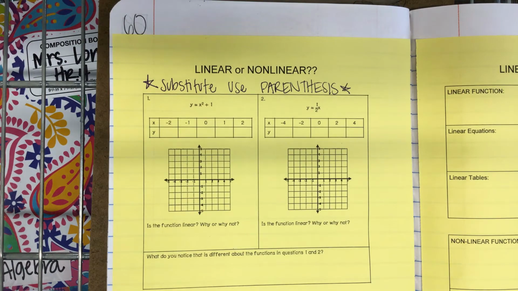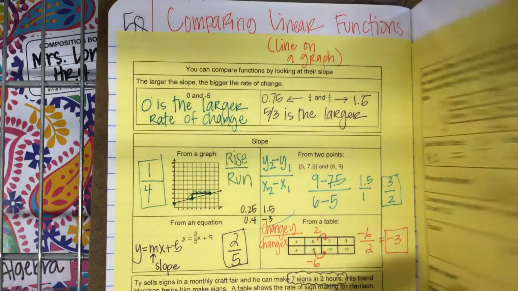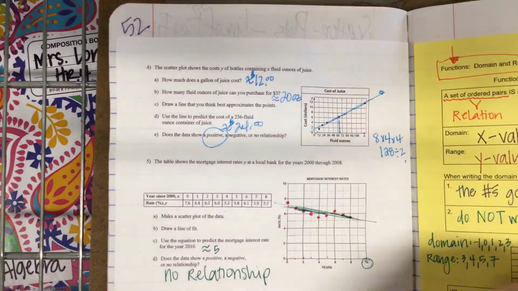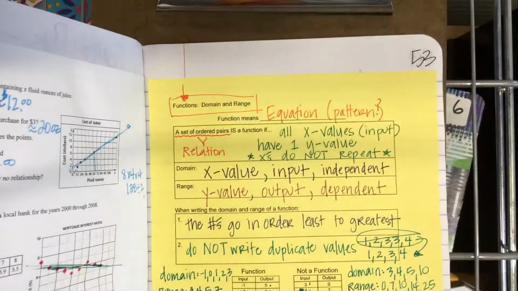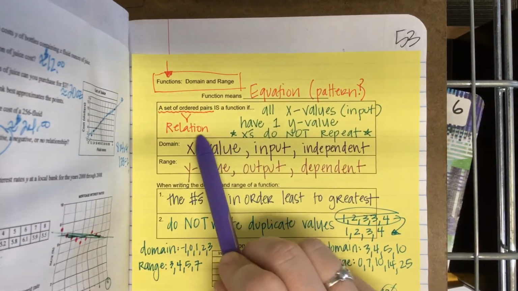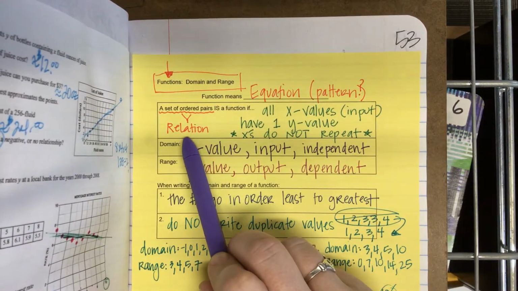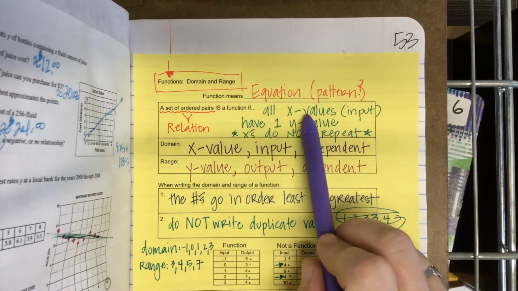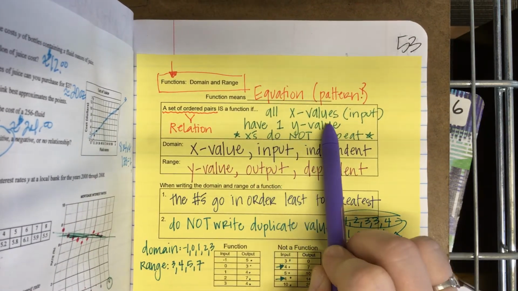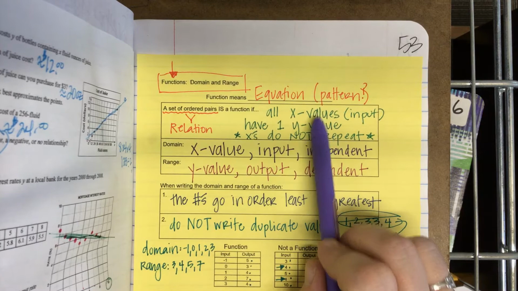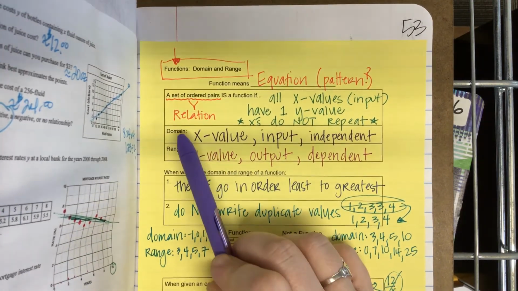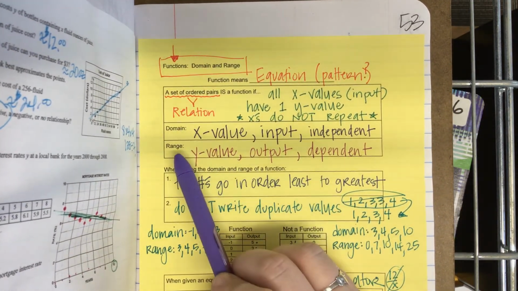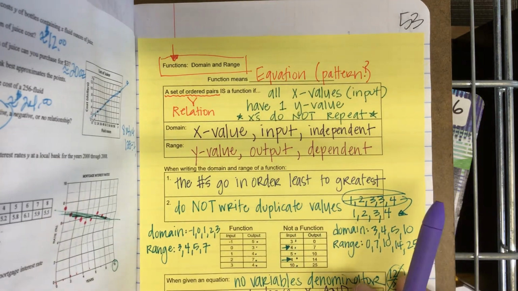Now let's go back, it's been the weekend, and review just a little bit. When we talk about functions, sometimes they're ordered pairs, they're called relations, where all x values have one y value, meaning the x values don't repeat. The x's are sometimes called domain, the y values are sometimes called ranges.